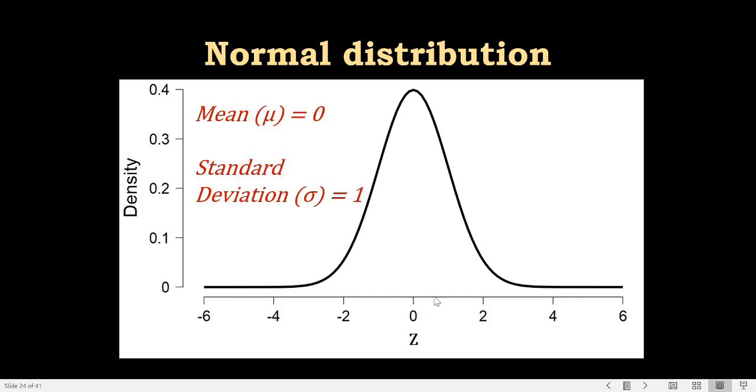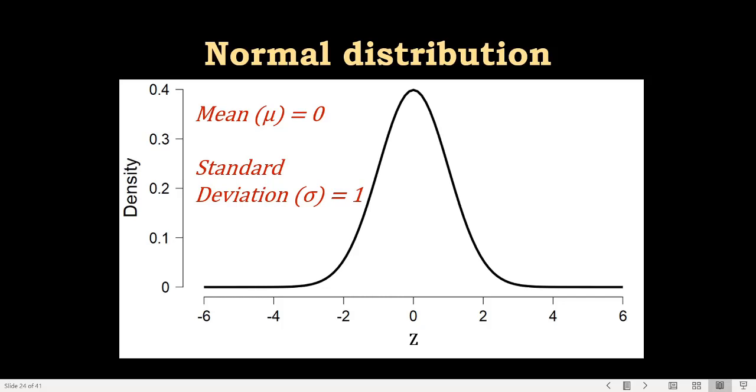These are the possible outcomes, the possible values, but as I mentioned before, it doesn't make sense in a continuous variable to assign a probability to a specific value. What we can do is to assign probabilities to intervals.